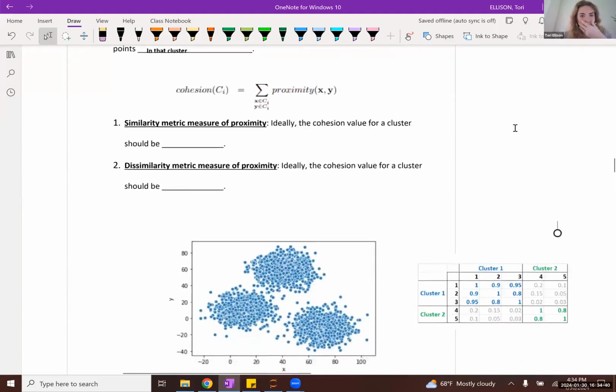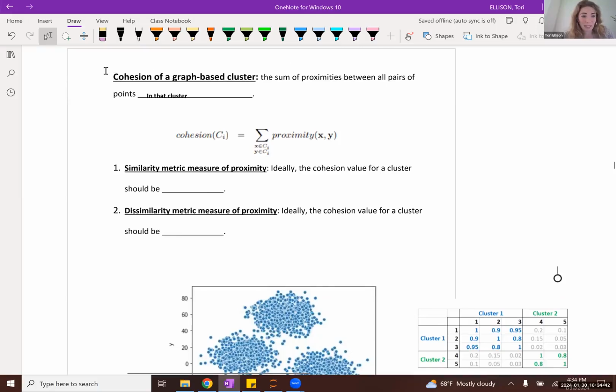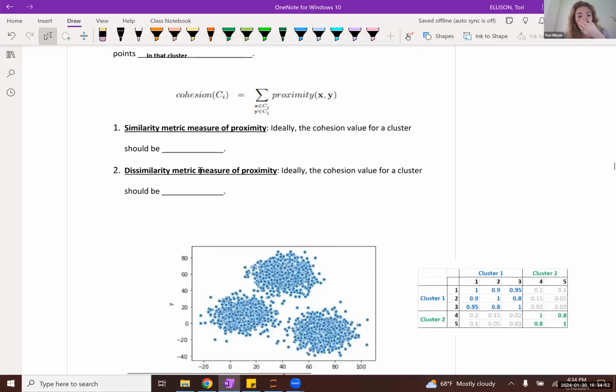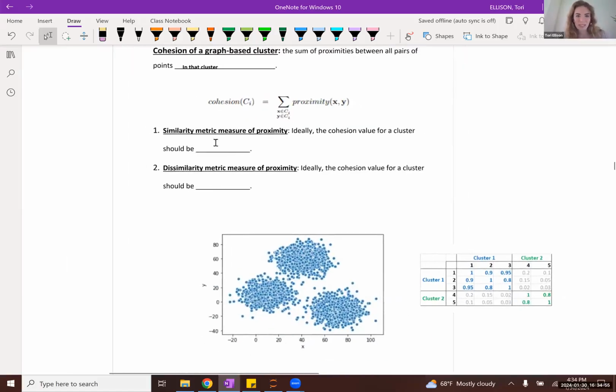Okay. So if we're using this graph-based notion of cohesion, ideally, if we're dealing with a similarity metric measure of proximity, what this means is that the overall cohesion value would be relatively small. On the other hand, if we're using a dissimilarity metric measure of proximity, ideally the cohesion of a given cluster overall would be large. So that makes sense, right?